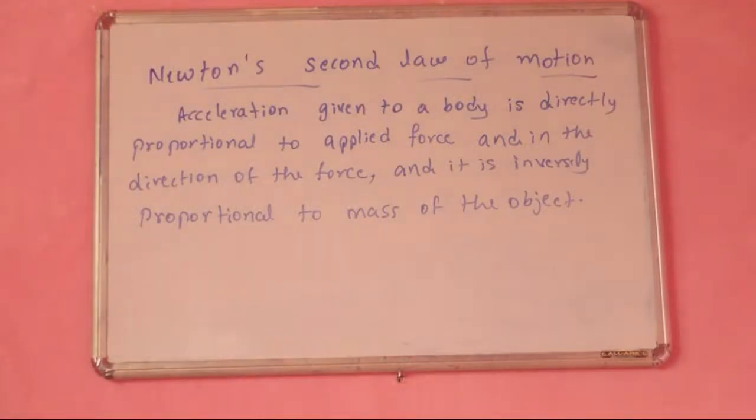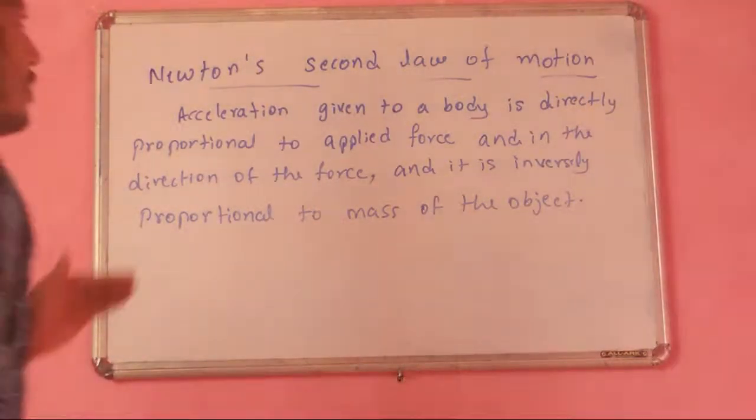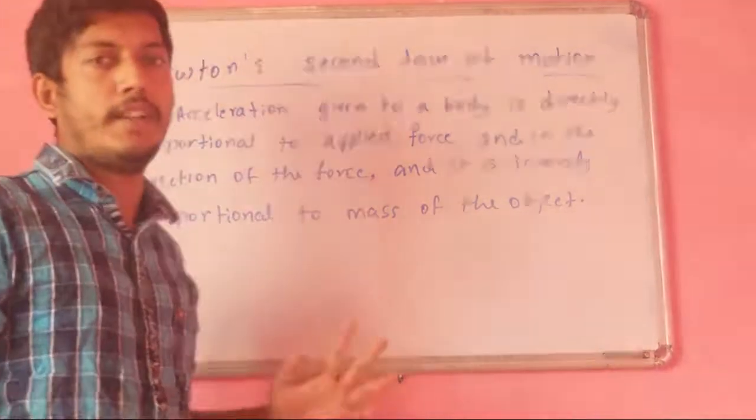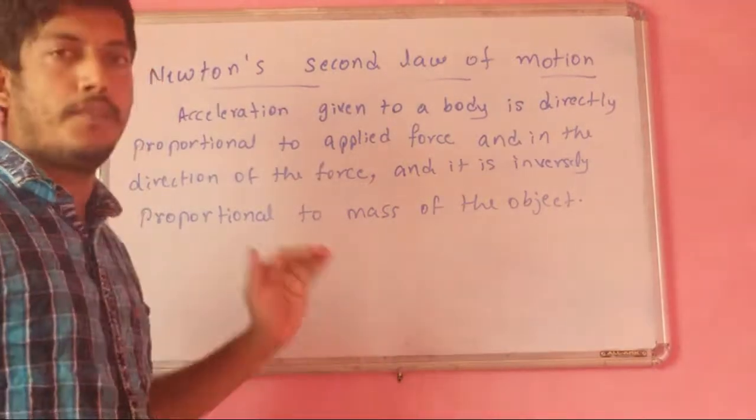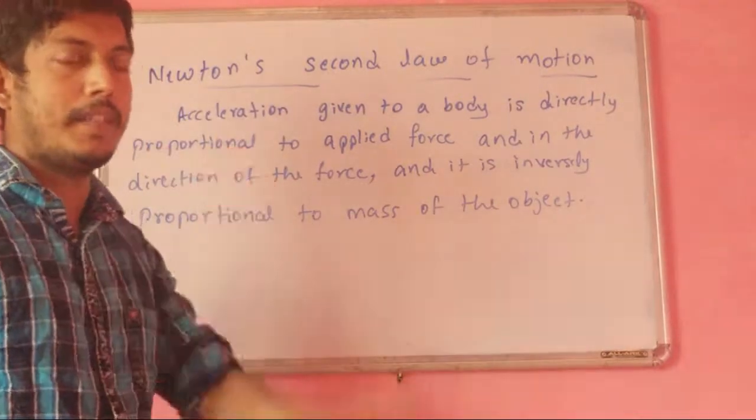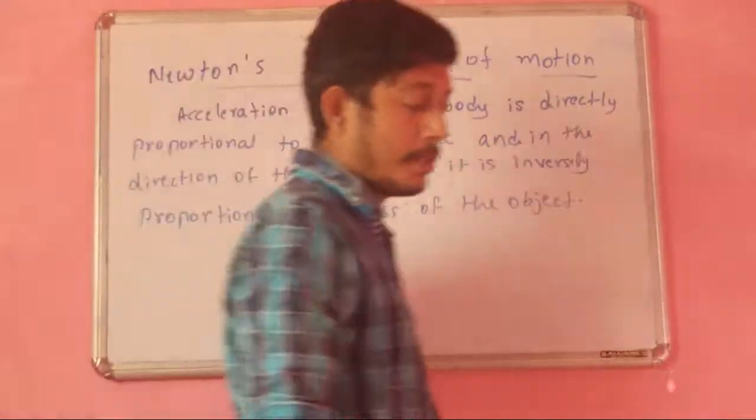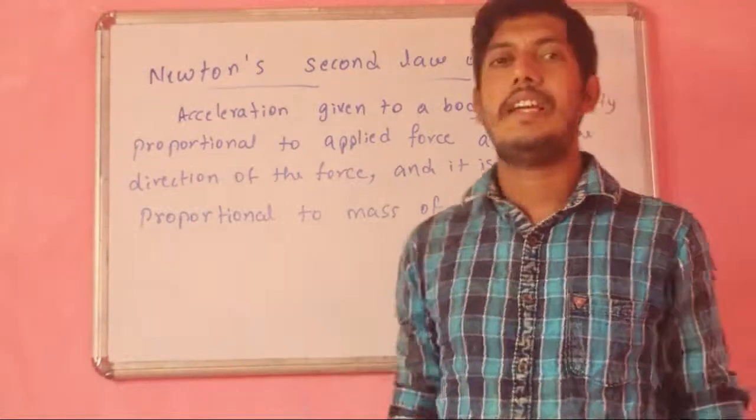Okay, who knows the mathematical expression of Newton's second law of motion? If you know, then comment that mathematical statement. So what is the expression of Newton's second law of motion?